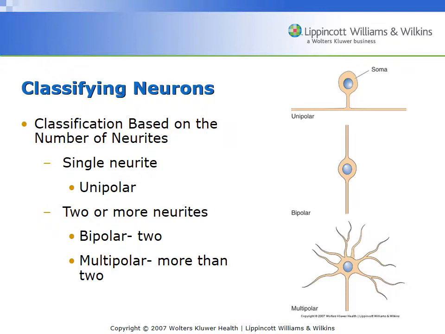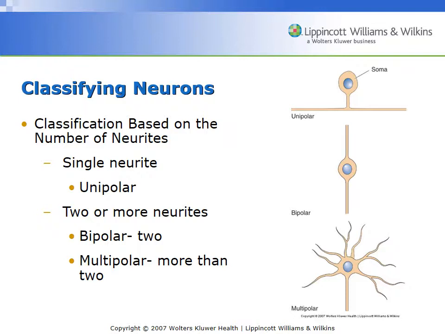After the cells of the neuronal system were able to be visualized, especially after the development of the Golgi stain, scientists started classifying the neurons. Some of the most common classifications are as follows.